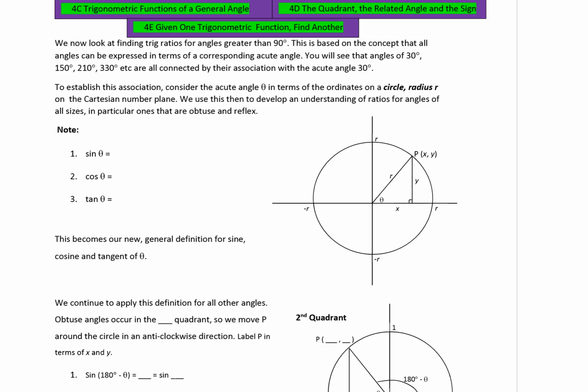So the pattern was identified by mathematicians that were extremely intuitive and came up with the concept of looking at a circle, radius r, and thinking about the points on the circle and their relationship within a right angle triangle.